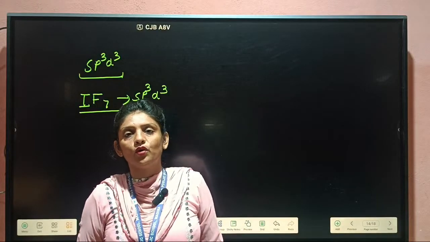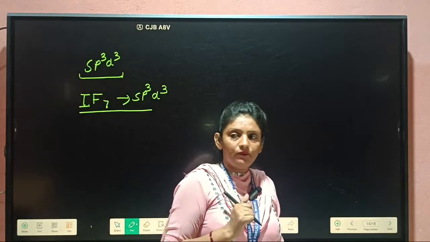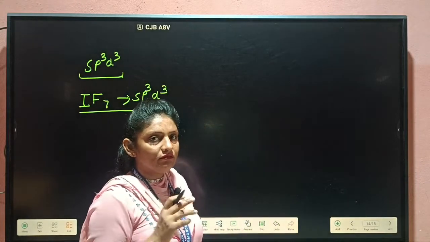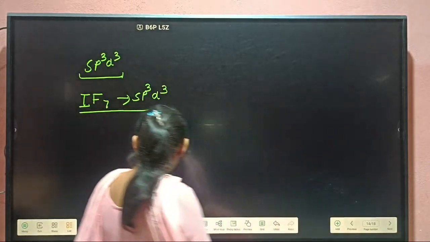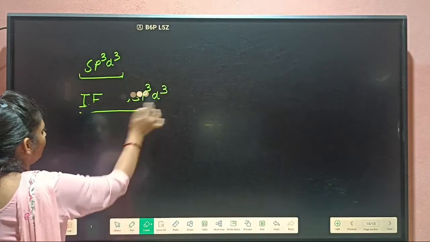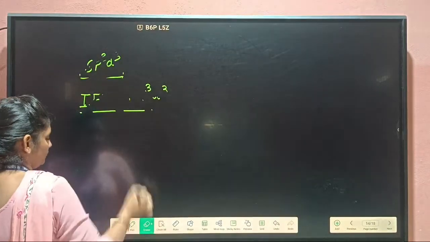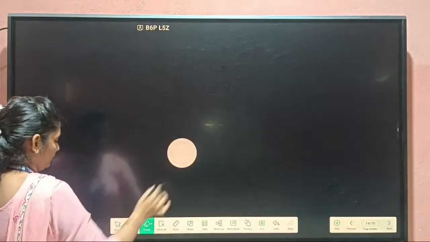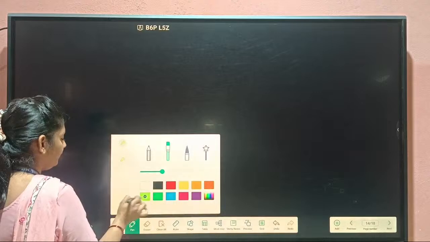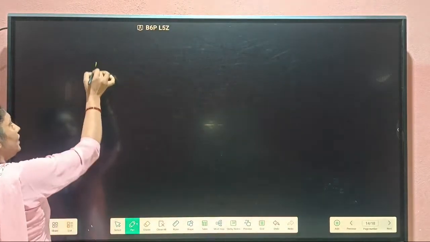How can we tell the hybridization of a given molecule? Okay, so now we will see some tricks about that. Students, we can simply tell the hybridization of a molecule in a simple way.